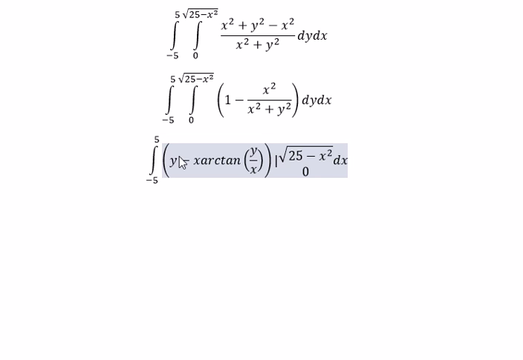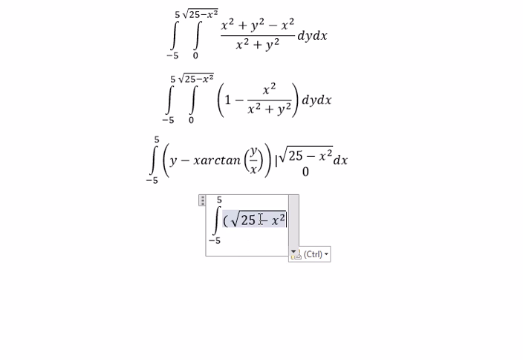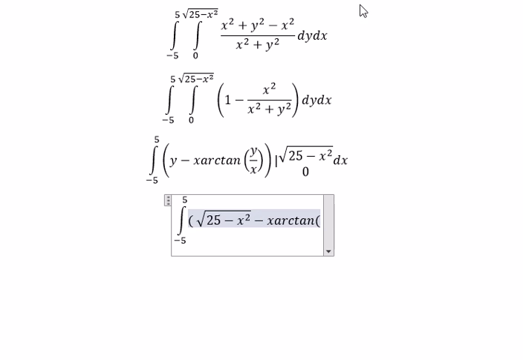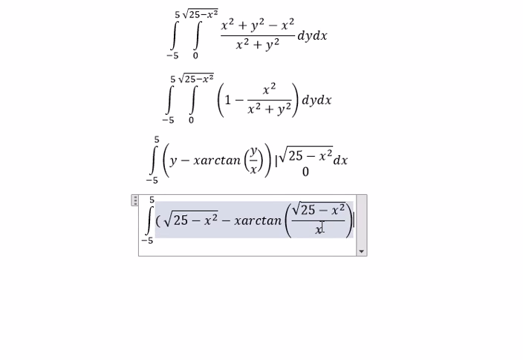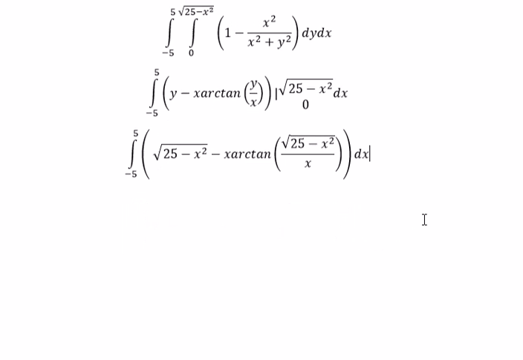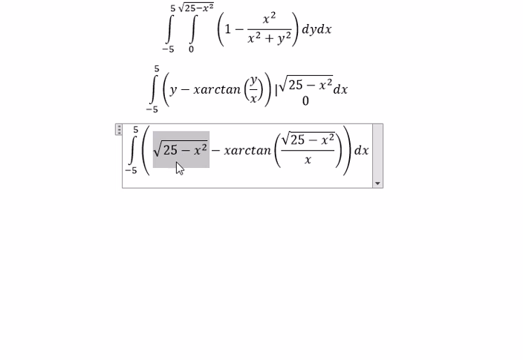Now we put the numbers in here. I will calculate the first integral first, and later we will go to the second one.